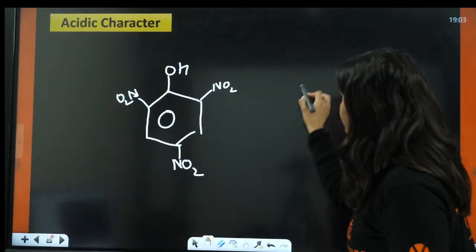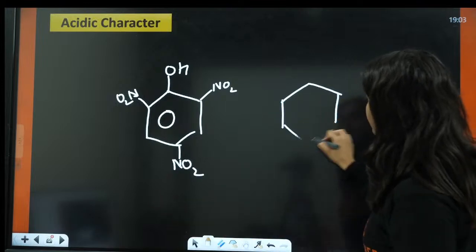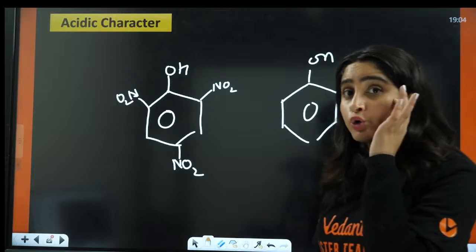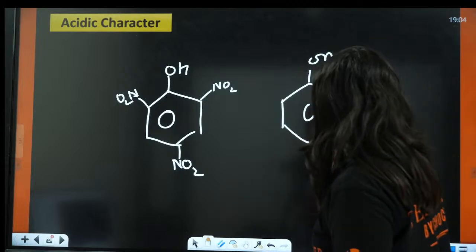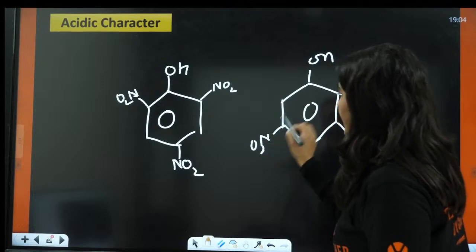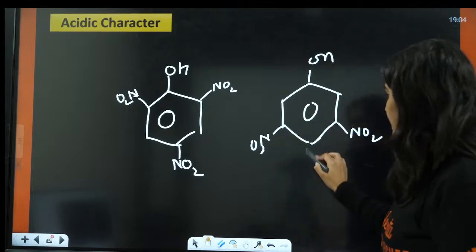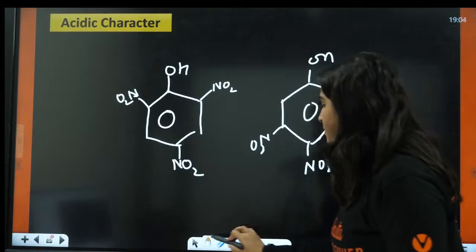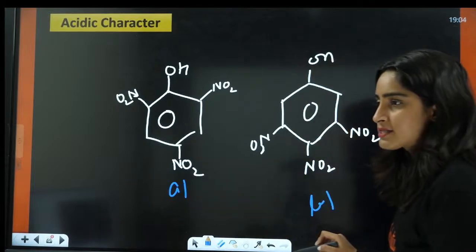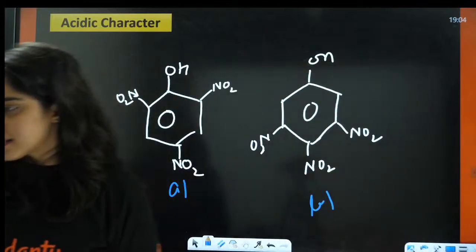Everyone in the chat box, what is the name of this structure? On phenol, you have NO2 groups on the ortho and para positions. What is the name of this structure? Tell me. This is A and this is B. The structure is picric acid.